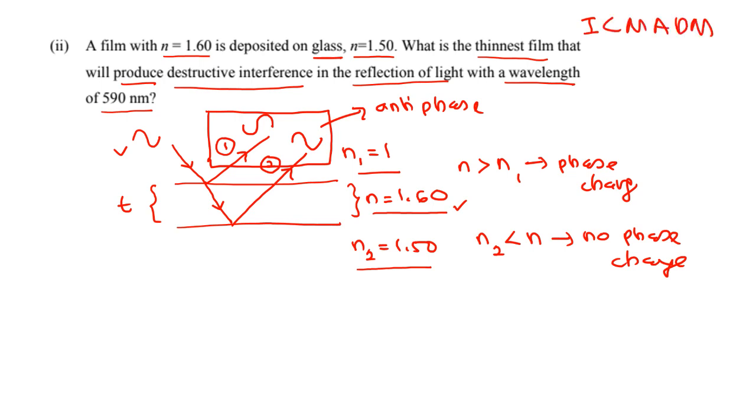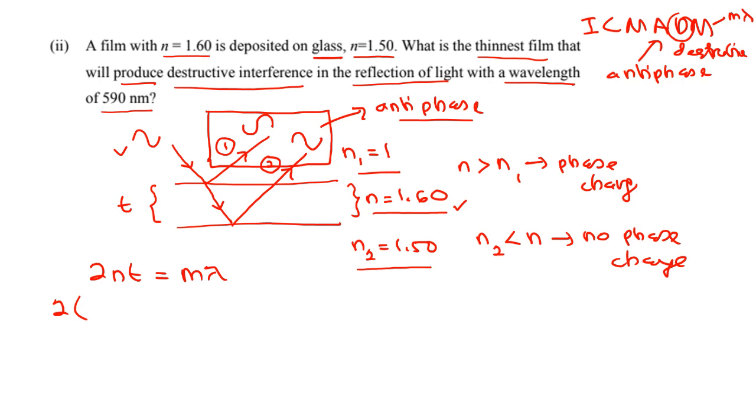So the technique used to know the formula that we are going to use is ICM. So over here, this is anti-phase. So for anti-phase, for destructive, we use m lambda. So the formula is 2nt equals m lambda. Next, substitute all the values. 2, n is for film 1.60, t, m.